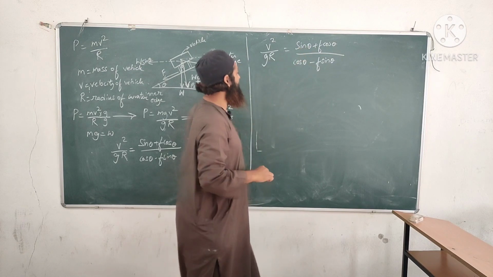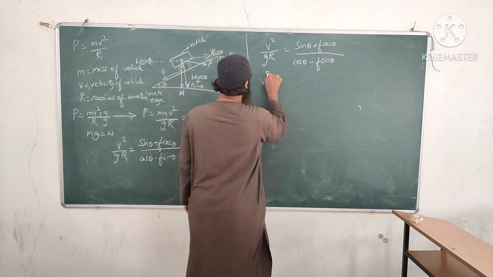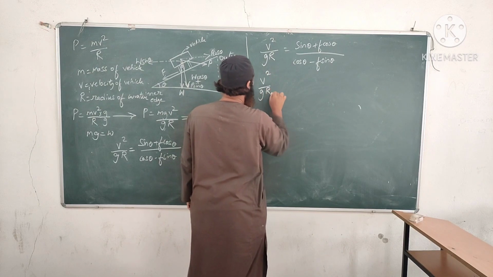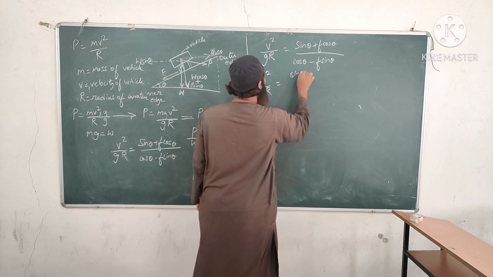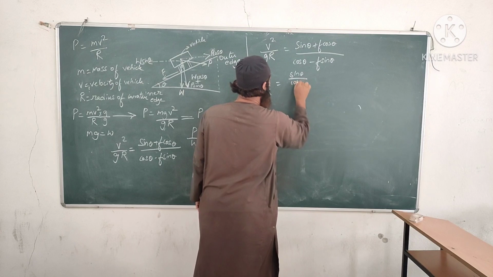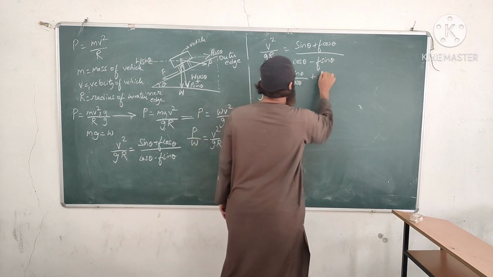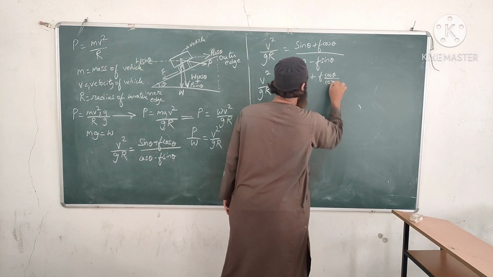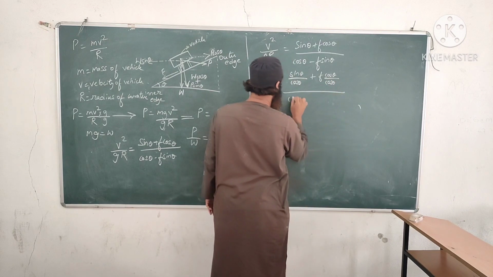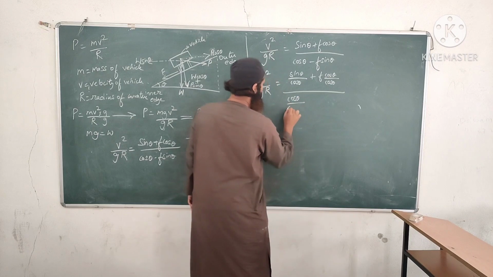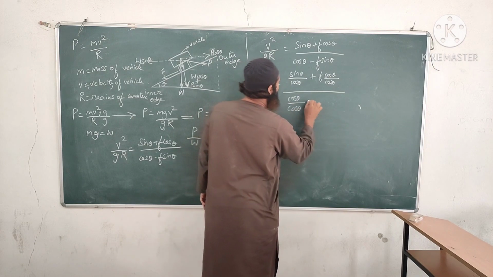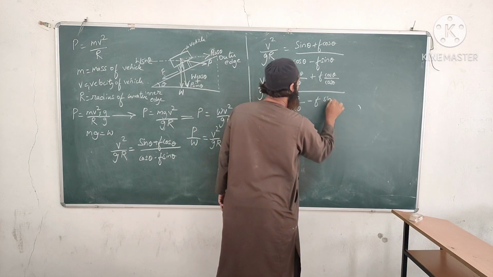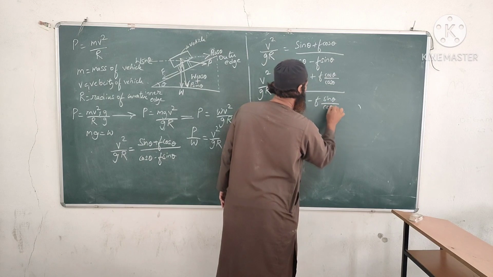So v square by gr is equal to sin theta by cos theta plus F cos theta by cos theta, divided by cos theta by cos theta minus F sin theta by cos theta.